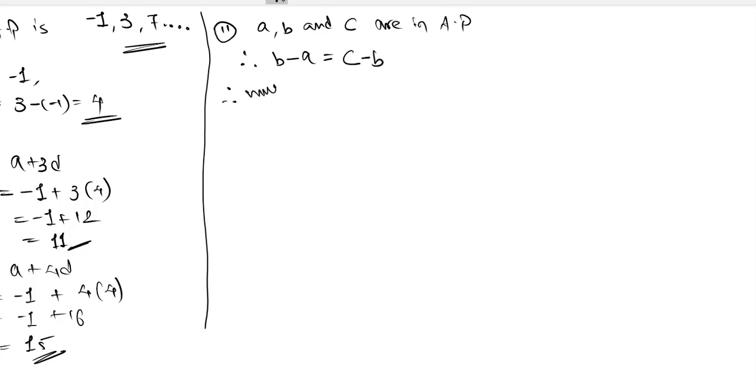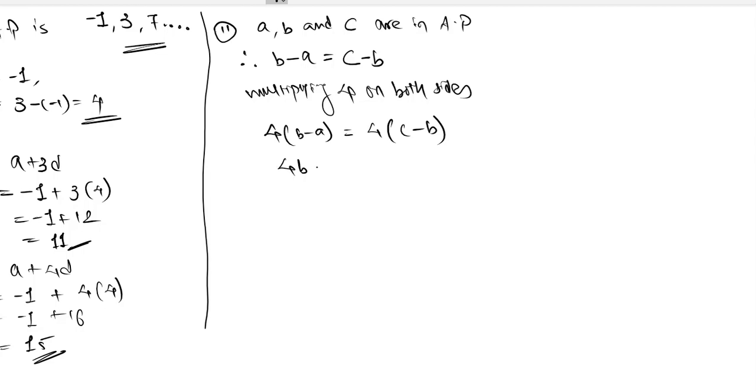Therefore, multiplying by 4 on both sides, you will get 4 bracket b minus a is equal to 4 bracket c minus b. So 4b minus 4a is equal to 4c minus 4b.